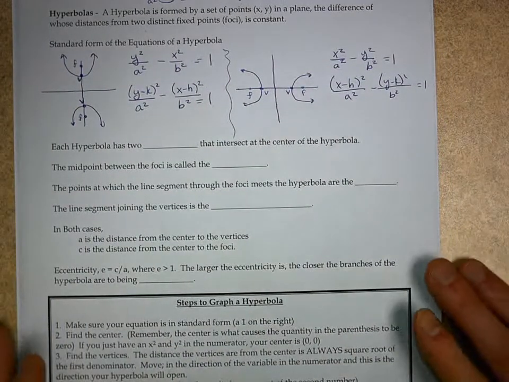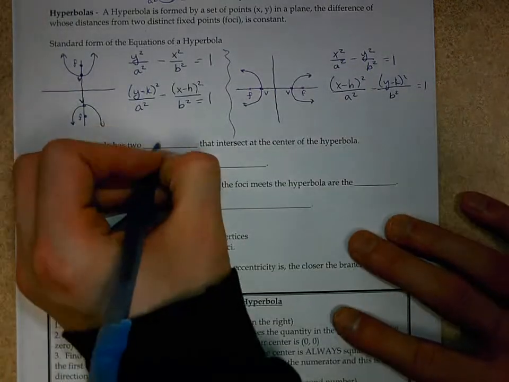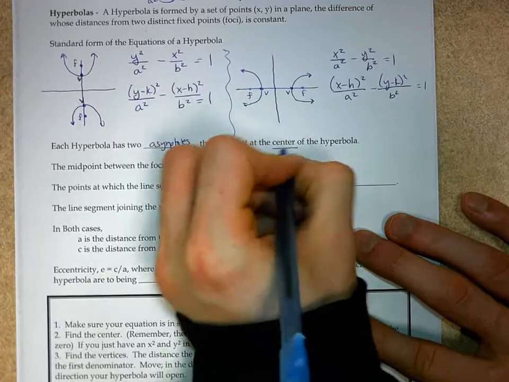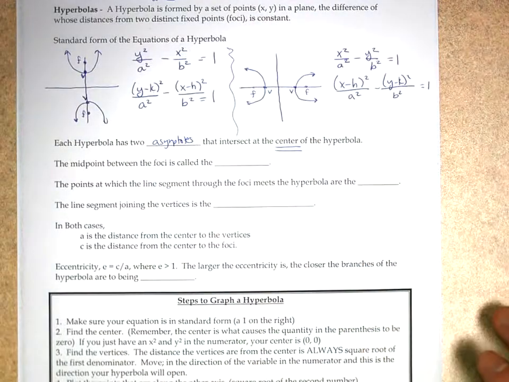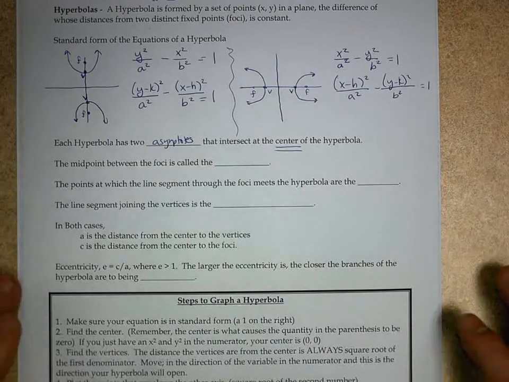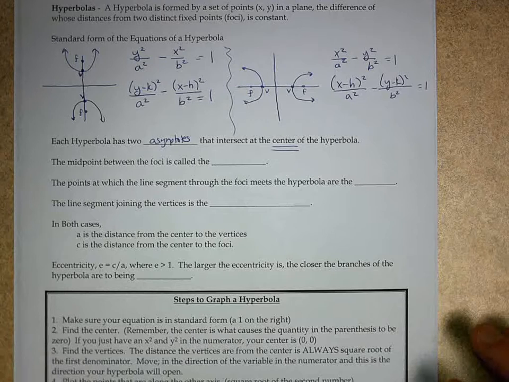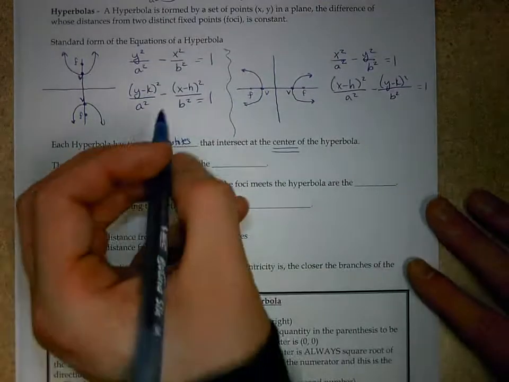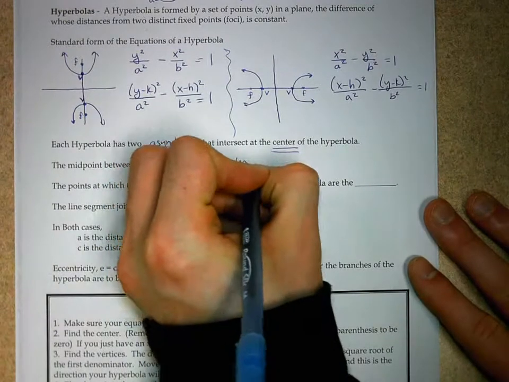A couple of facts about hyperbolas. Each hyperbola has 2 asymptotes that intersect at the center. That's how I determine what the center is. It's where these 2 asymptotes intersect. If I've got no shift, the center is at 0, 0. If there's a shift, it's elsewhere. The midpoint between the 2 foci is also the center.